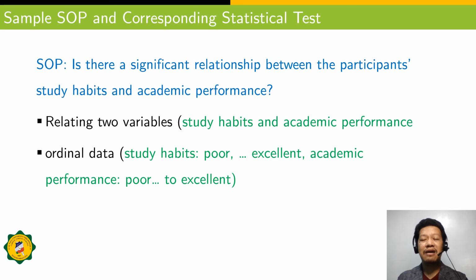Like for study habits, we want to classify or describe our participants as having study habits from poor up to excellent, and for academic performance from poor to good, satisfactory, very satisfactory to excellent. These data are no longer numerical or quantitative, but they are ordinal level. And if we want to associate or correlate variables which are ordinal or nominal, instead of using the Pearson R, we need to use the chi-square test.